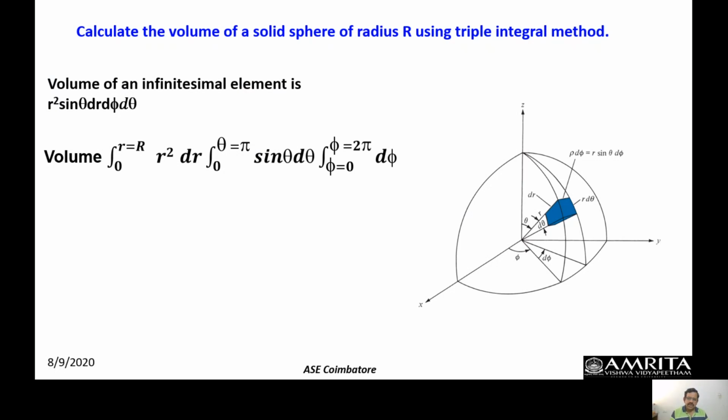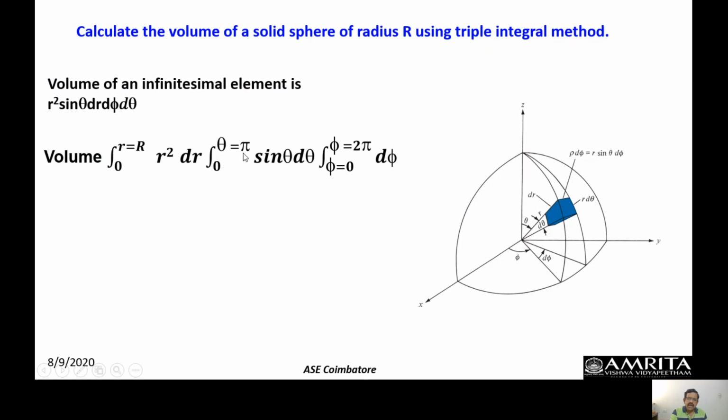Why? Because if I take 0 to 2 pi for theta, and also 0 to 2 pi for phi, I will be taking every point in space twice into account. Therefore, you will not get the right answer when you take 2 pi.